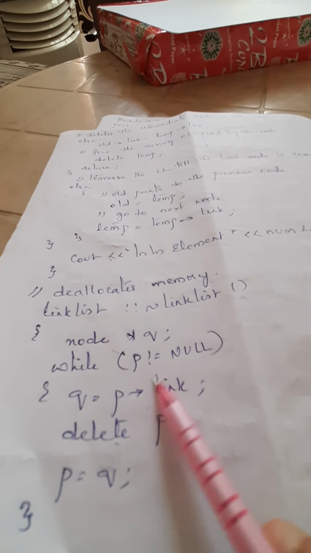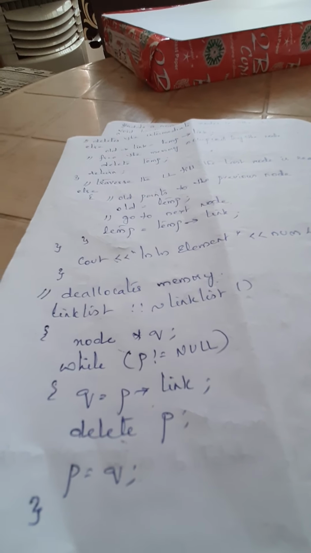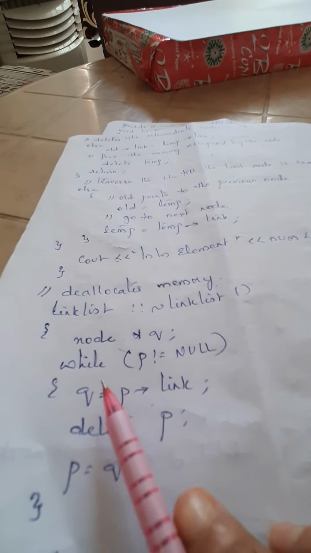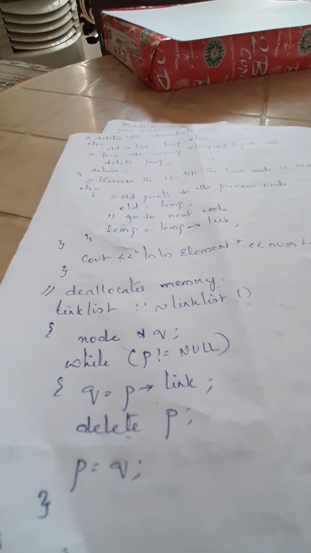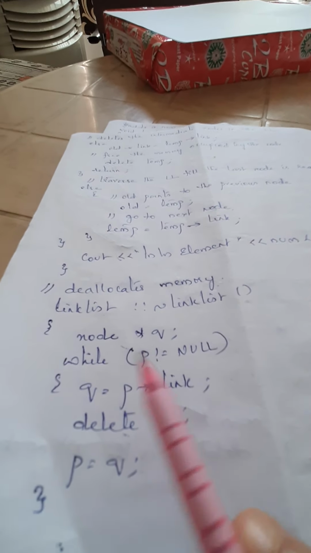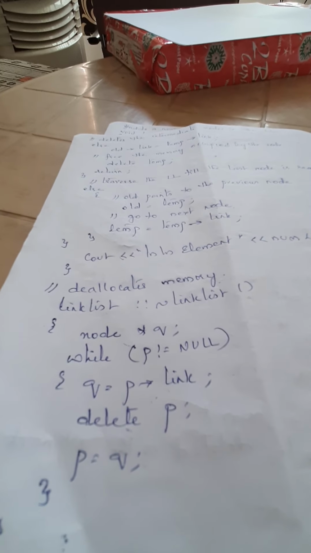Now if p is equal to null, then you can't do this because it will be the only node and you can't deallocate the memory, you can't delete that particular memory. So here, once q is initialized with the next node, you will traverse through the next node and see whatever link is getting deleted, and that you are initializing with the p value. So p will be equal to q value.